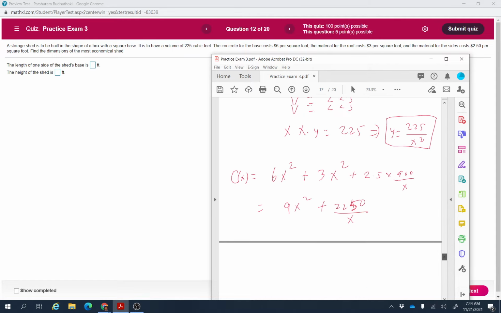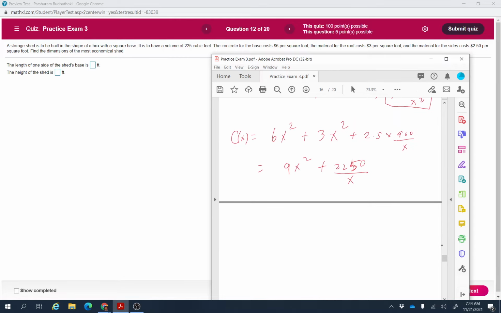We want to find out when this cost function is minimum. So once again, you need to find the first derivative and the critical point. For finding the first derivative, just use the power rule. You also need to find the second derivative, and that is 4500 divided by x cubed.